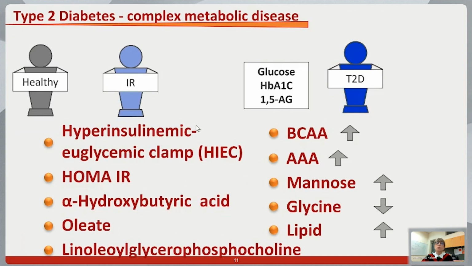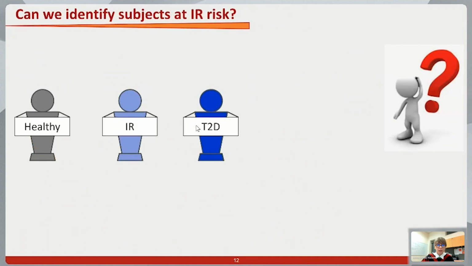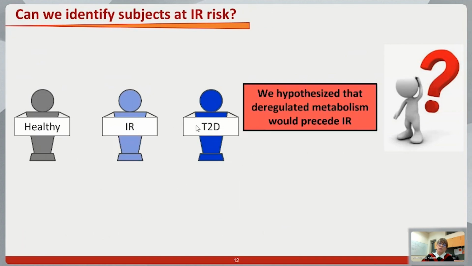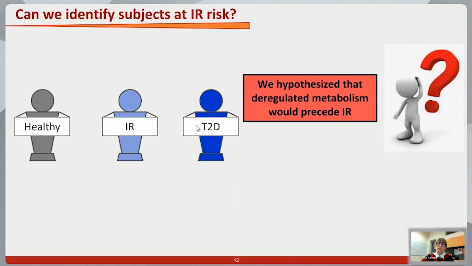So it's good to have molecular or metabolic markers which can identify the process beforehand. But insulin resistance is already pretty far progressed towards the disease, type 2 diabetes, so our question was, is there something which precedes even insulin resistance?